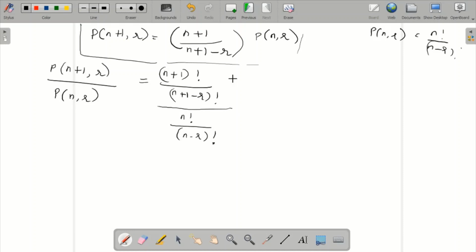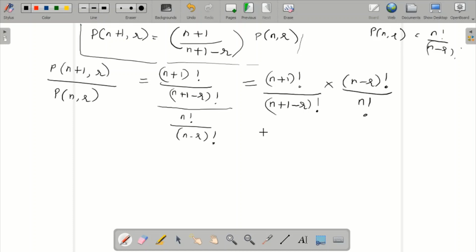If I want to equate, this I can write as (n+1) whole factorial divided by (n+1-r) factorial, as it is. If I take this above, (n-r) factorial will be above, and n factorial over here. So what is (n+1) divided by this?